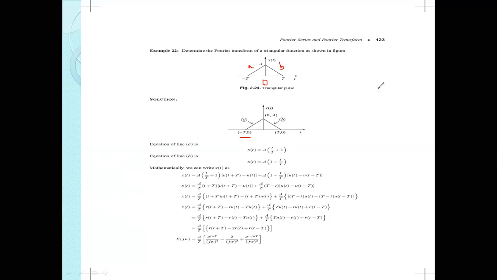For the slope equation, we can say it is y2 minus y1 by x2 minus x1.